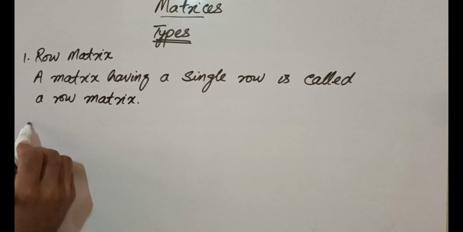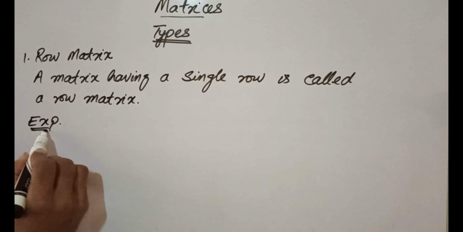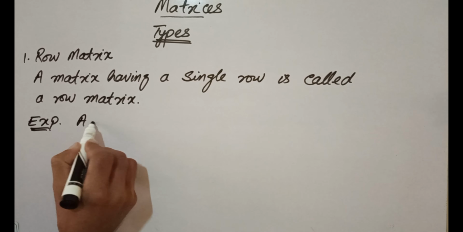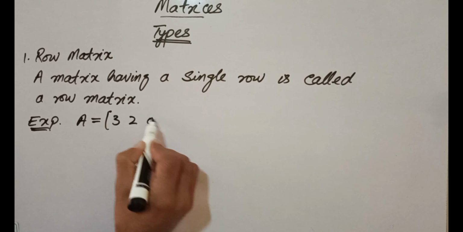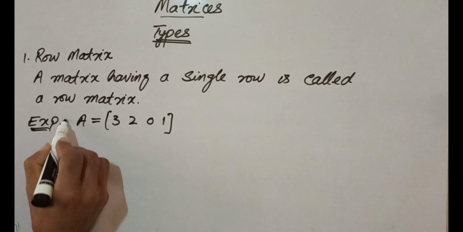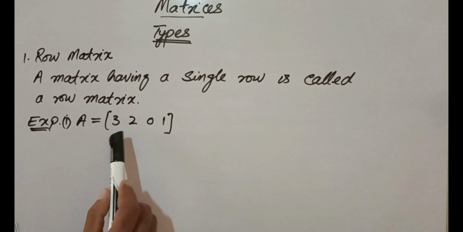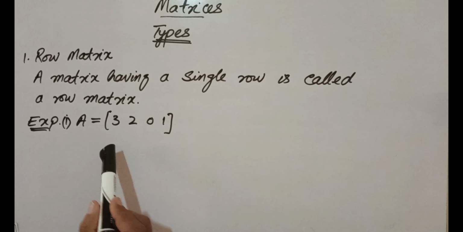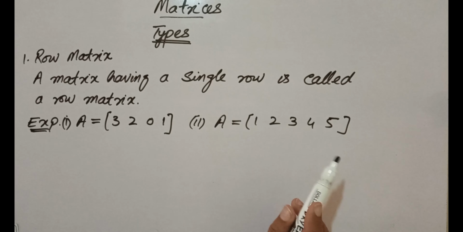For example, if we have a matrix 3 2 0 1, we see that this matrix has only one row. We have 4 columns, but row is 1. This is called a row matrix.